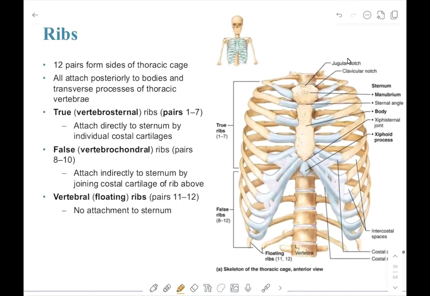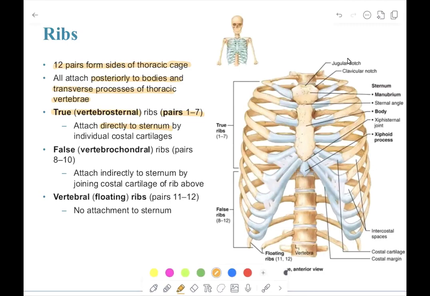This slide is showing our ribs, and as we know, there are 12 pairs of ribs in males and females. They all attach posteriorly to the bodies and the transverse processes of the thoracic vertebra. The first 7 pairs of ribs are true ribs, which are called vertebrosternal. That's because they attach directly to the sternum because of this costal cartilage that we see here.